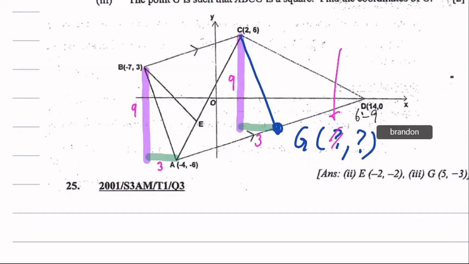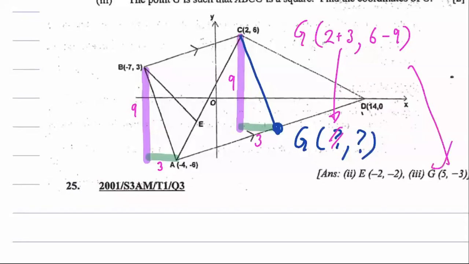This guy will be 2, the x coordinate of C, and you add on a bit more horizontal distance. Plus how much? Plus 3. Then the next one, start with y coordinate of 6 minus 9. Very good. There you go. That's your answer. 5, negative 3.